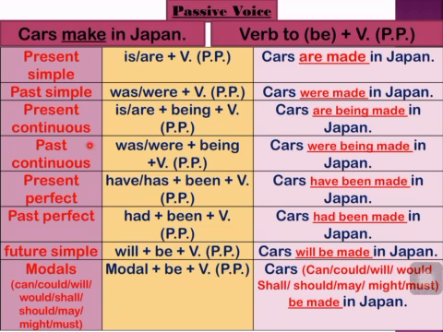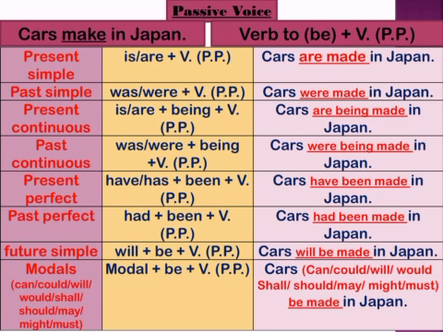If the sentence is in the past continuous, we use was being or were being plus the verb in the past participle, so cars were being made in Japan. If the sentence is in the present perfect, we use has been or have been plus the verb in the past participle, so according to this example, it will be cars have been made in Japan.